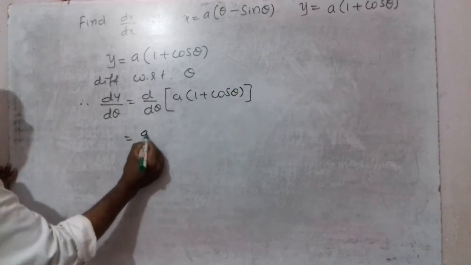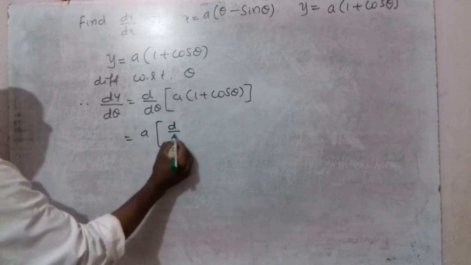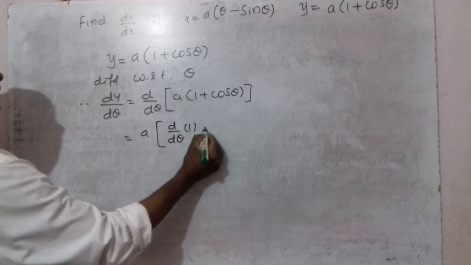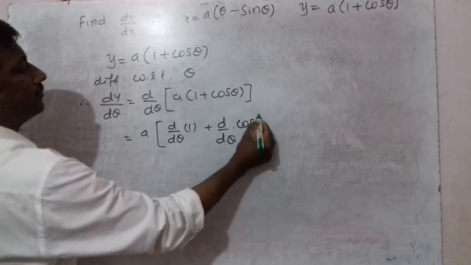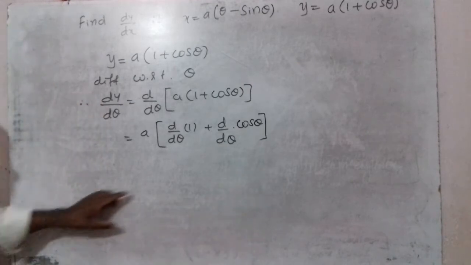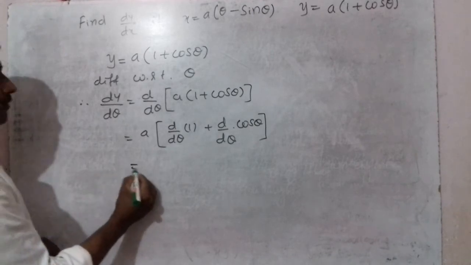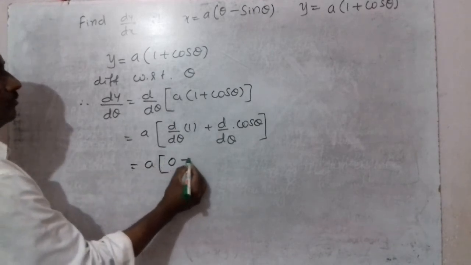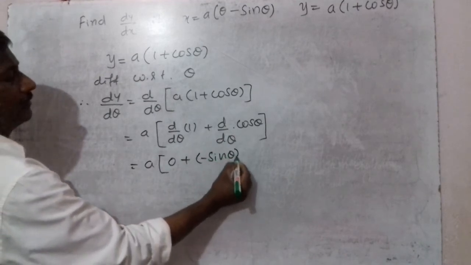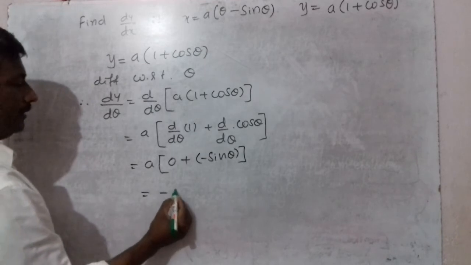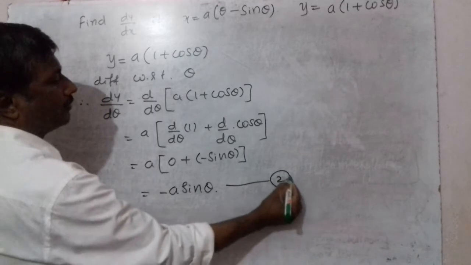This equals a into bracket d by d theta of 1 plus d by d theta of cos theta. The derivative of a constant is 0. So a into bracket 0 plus the derivative of cos, which is minus sin theta. This equals minus a sin theta. So this is equation number 2.